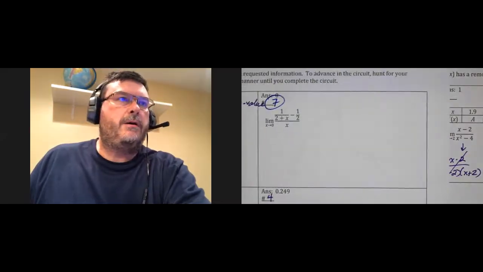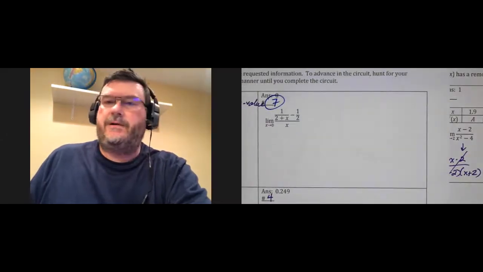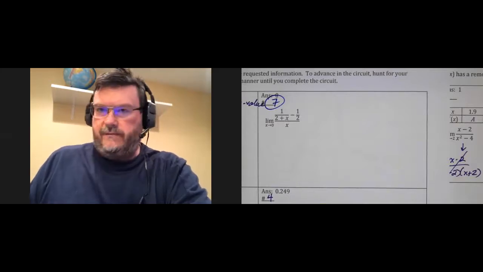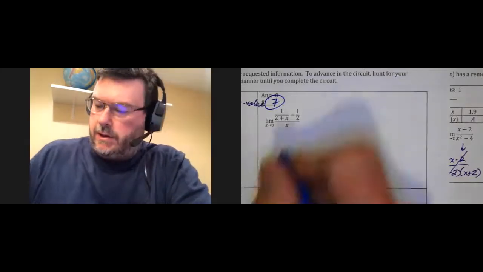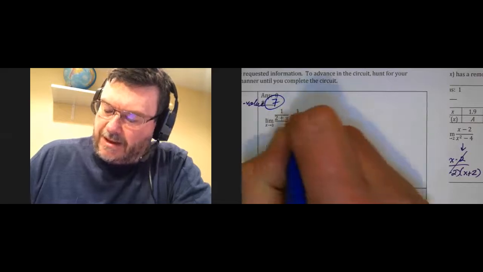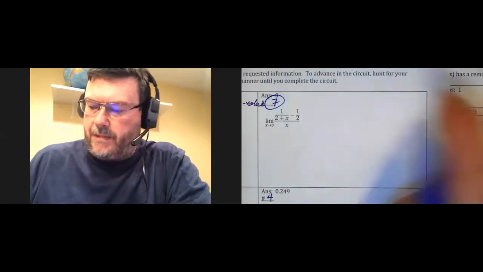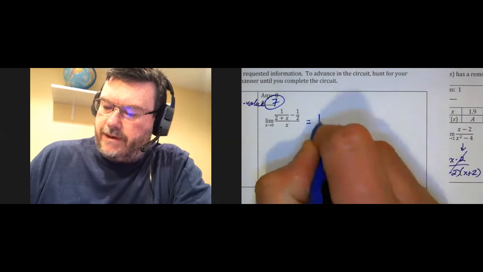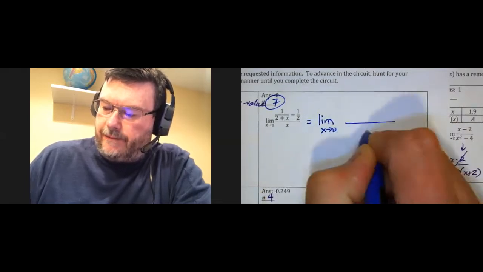We plug in 0, we get a half minus a half over 0, and we get the indeterminate form. So what I'm going to do, and there are several ways to do it, is find the common denominator of the top, at least of the top.